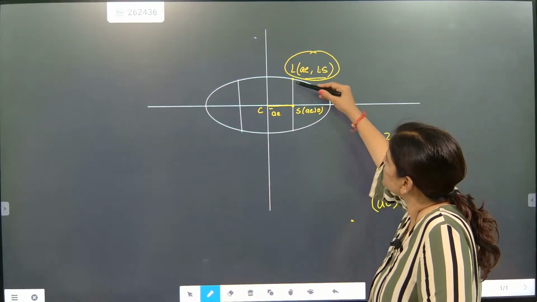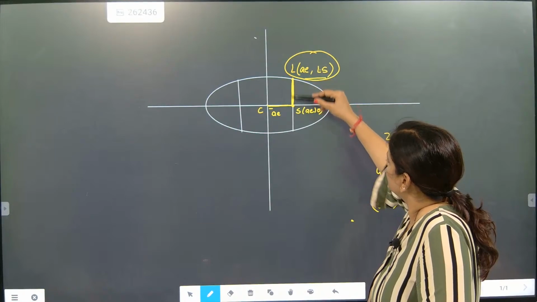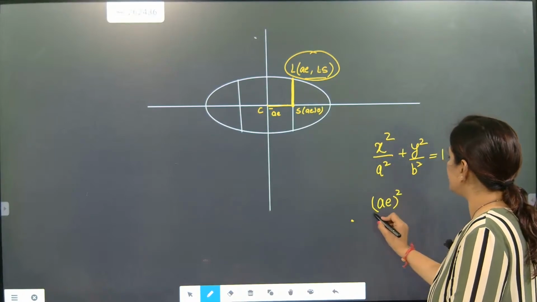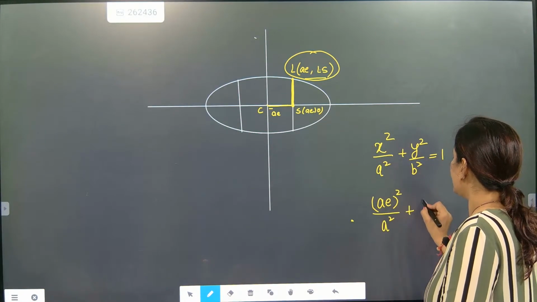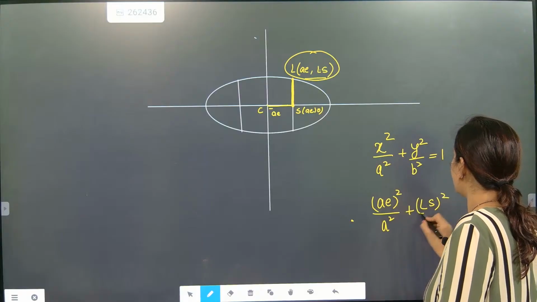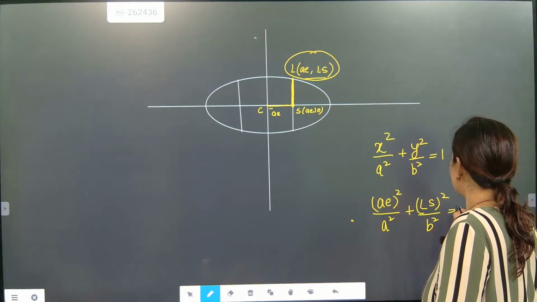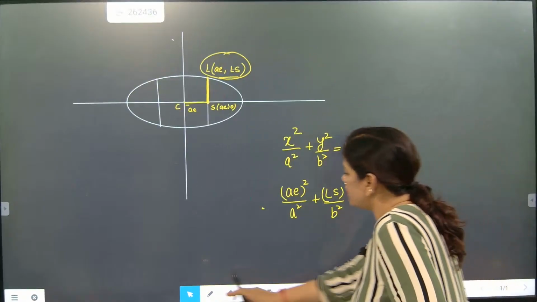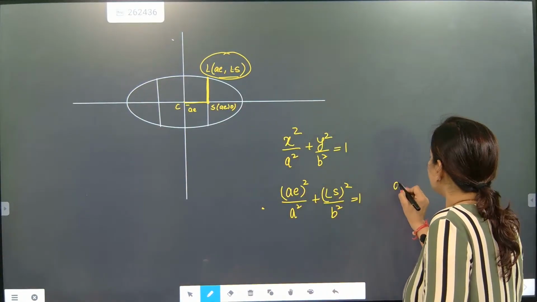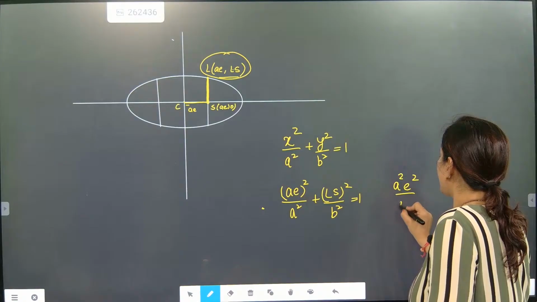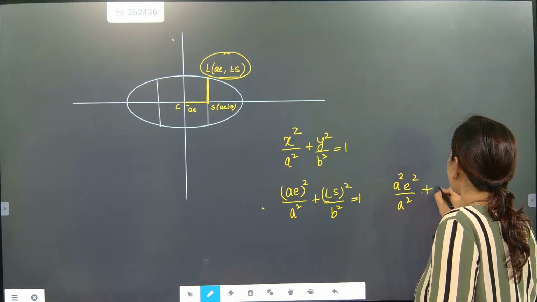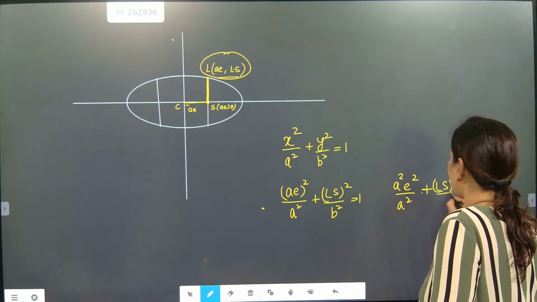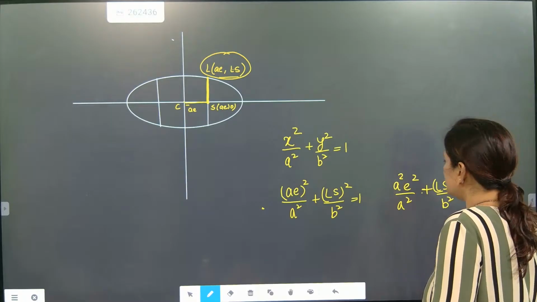Always remember this point is present on the ellipse, and this distance is LS. So we can write (ae) whole square by a square plus (LS) whole square by b square is equal to 1.